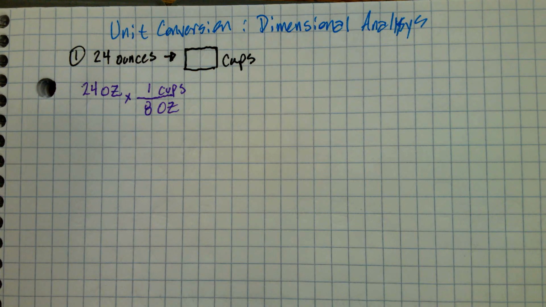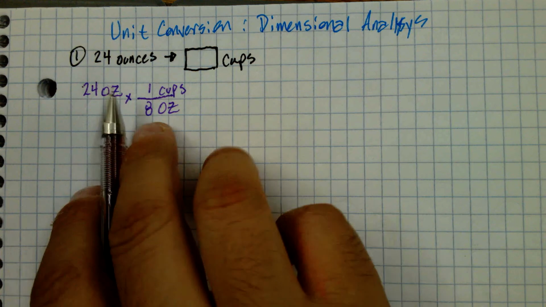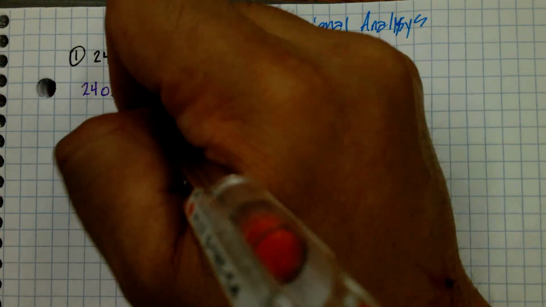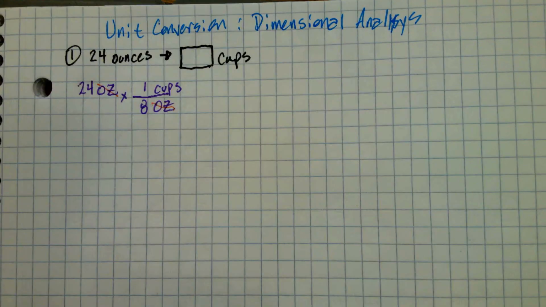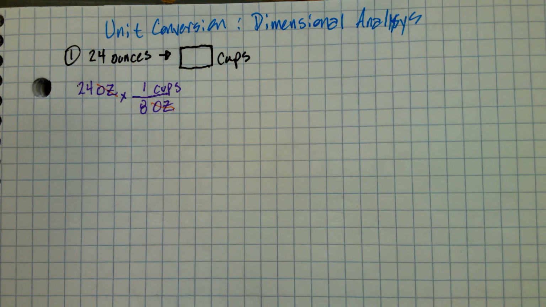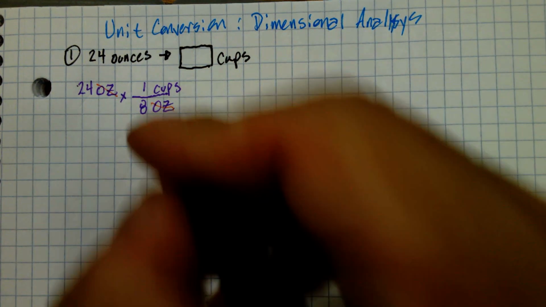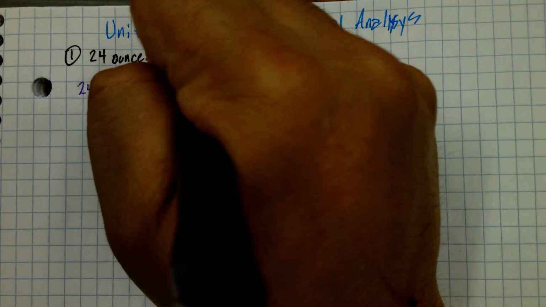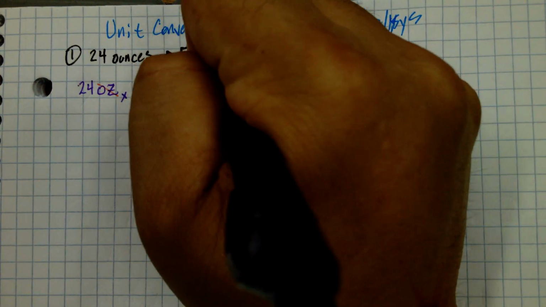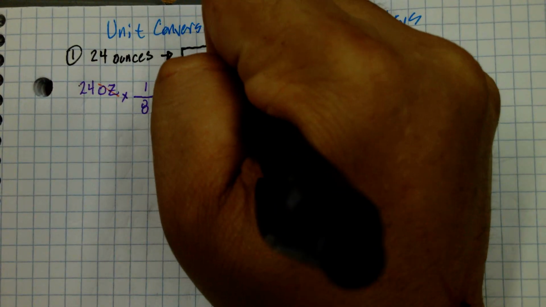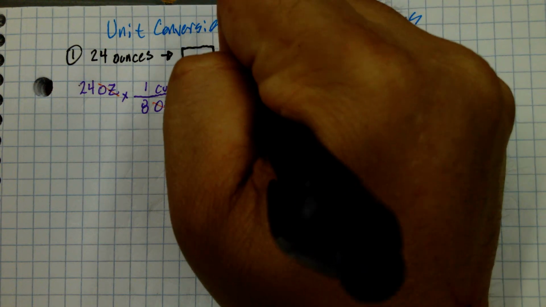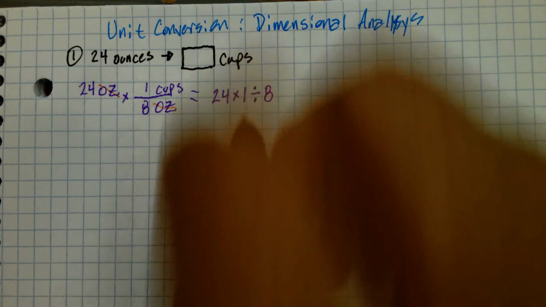Okay. So what's going to happen here with our dimensions, basically our units? Ounces cancel out. Okay. And we multiply across just like they showed us. So we're going to do 24 times 1 divided by 8.